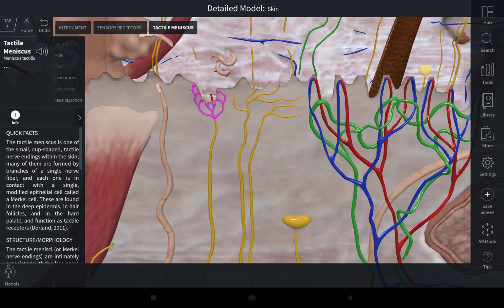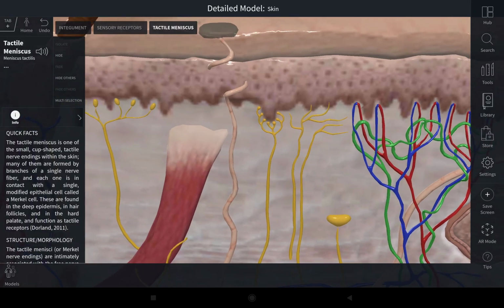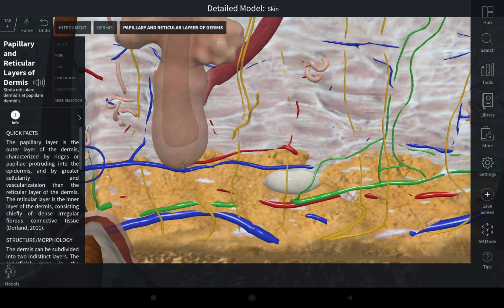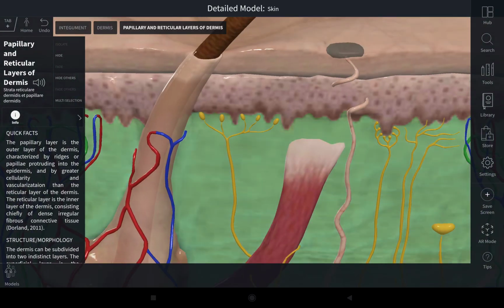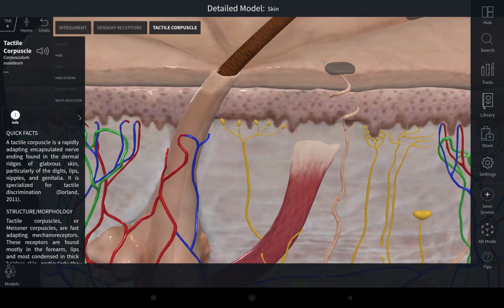This structure is the tactile meniscus. This is the tactile corpuscle. This is the tactile meniscus, and this is the tactile corpuscle.